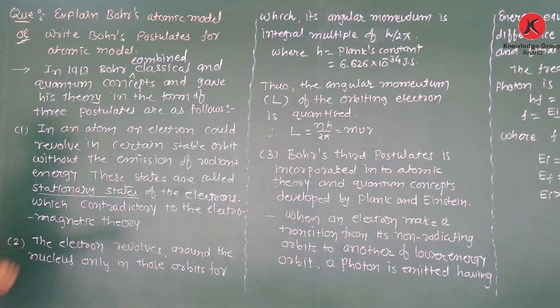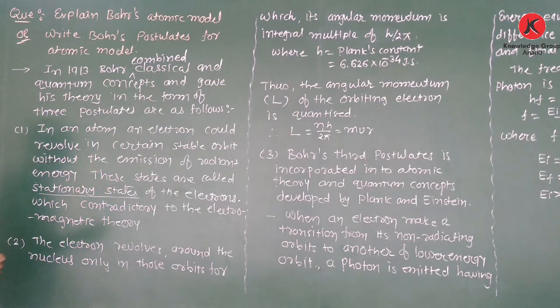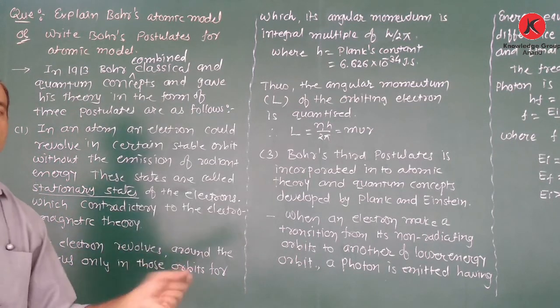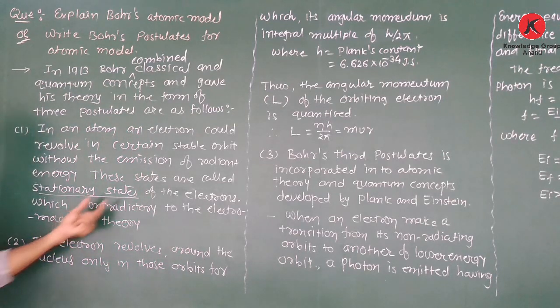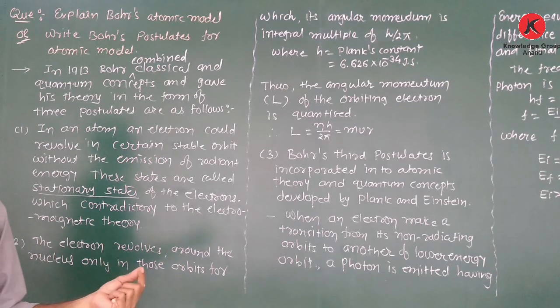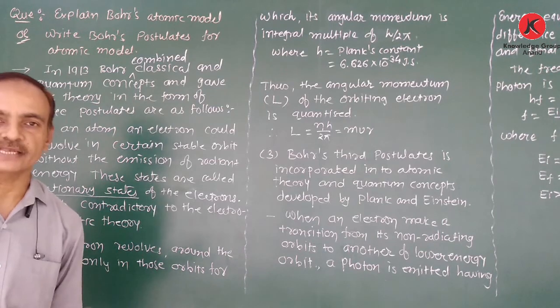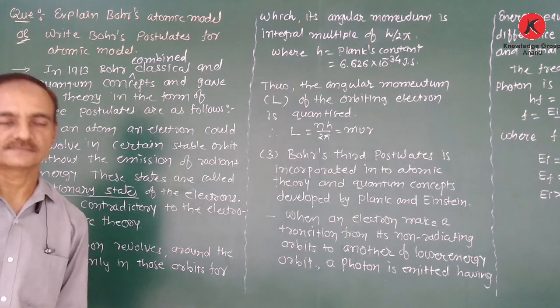Again, in an atom, an electron could revolve in certain stable orbits without the emission of radiant energy, and these orbits are called the stationary states of the electron. This is contradictory to electromagnetic theory, which does not give permission for this; the electron cannot revolve for a long time in the same orbit.